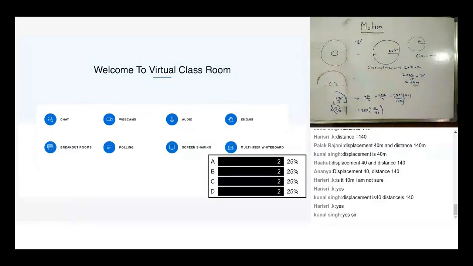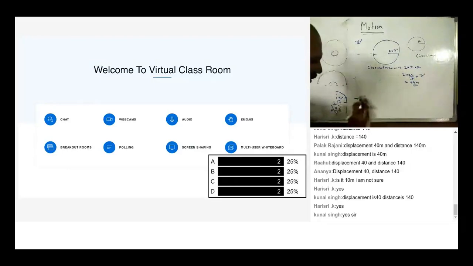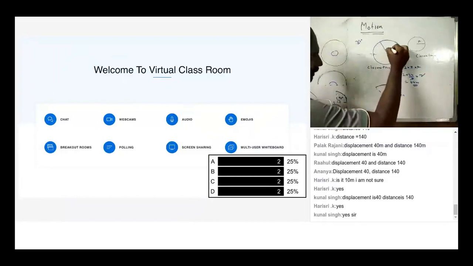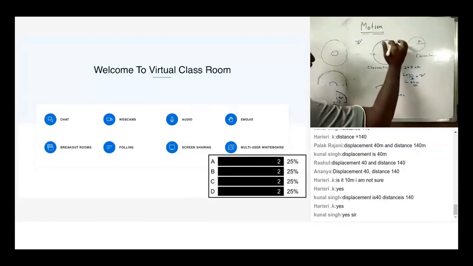Now let me take a situation. There is an arc which subtends an angle of 90 degrees at the center. What is the length of the arc? The radius is 7 meters. If I join these two points, I get the angle between them as 90 degrees.